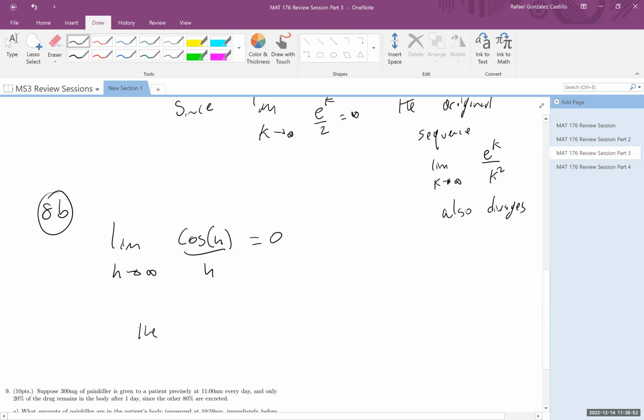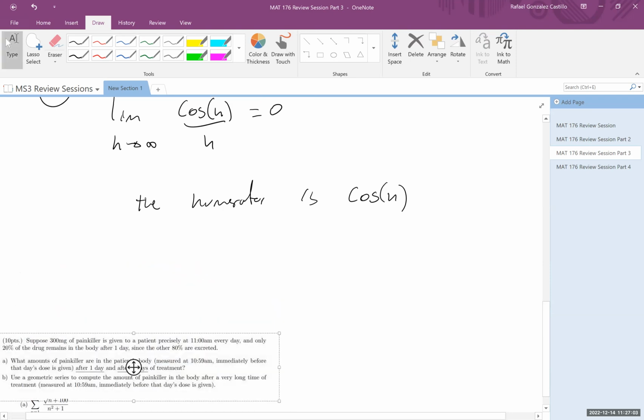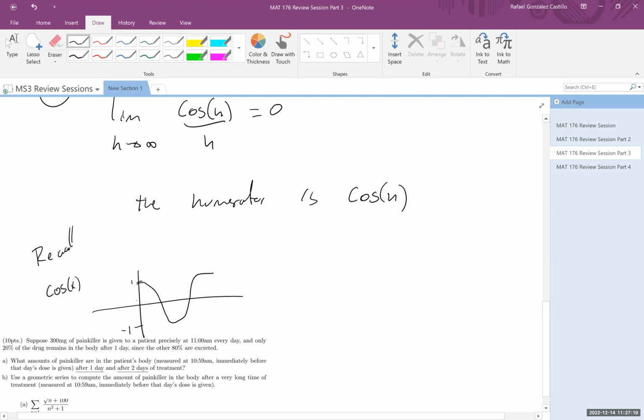The numerator is cosine of n. Cosine of n is bounded. It's bounded by 1 and -1 because the amplitude is 1. Recall that your basic cosine function wave goes from 1 to -1, from 0 to 2 pi, and then goes back down.